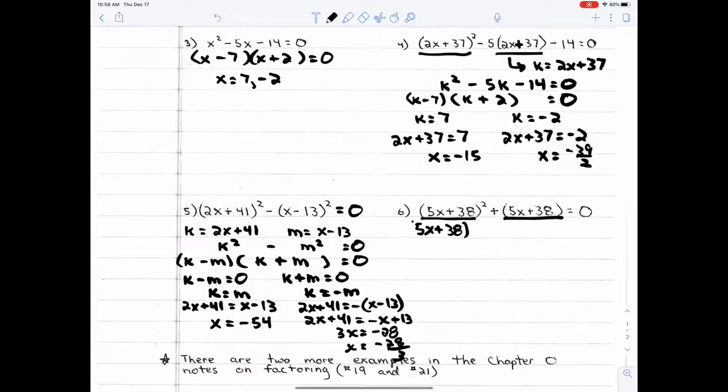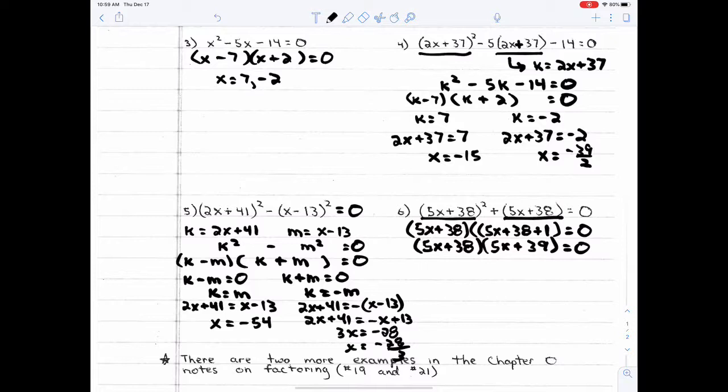So I take out the 5x plus 38, and what do I get? In the first term, I'd get 5x plus 38, and then plus, in the second one, I'd get a 1. So we have 5x plus 38 and then this would be 5x plus 39.